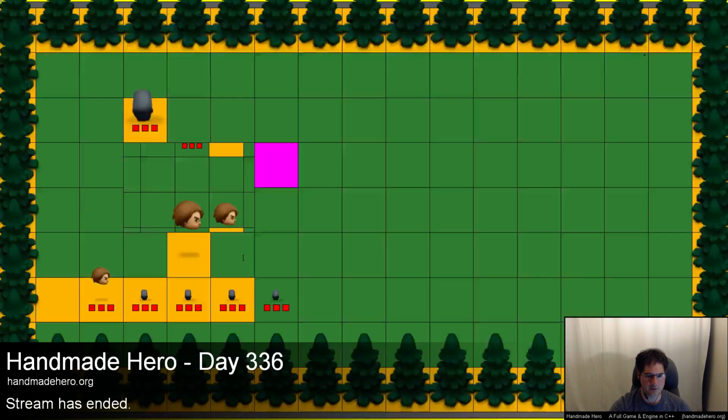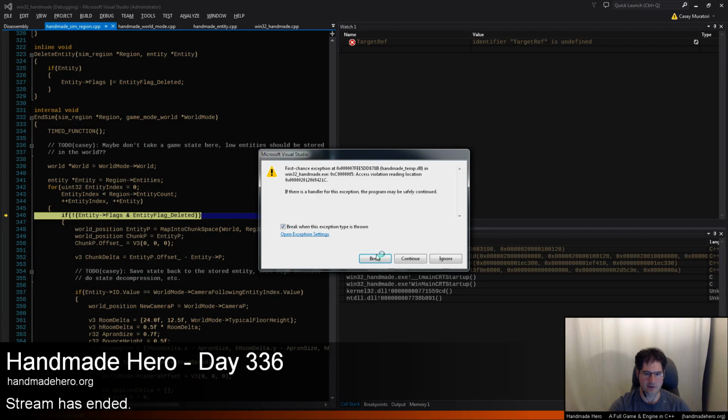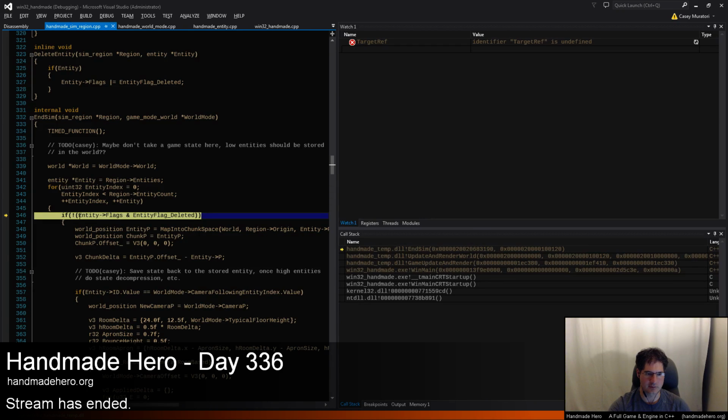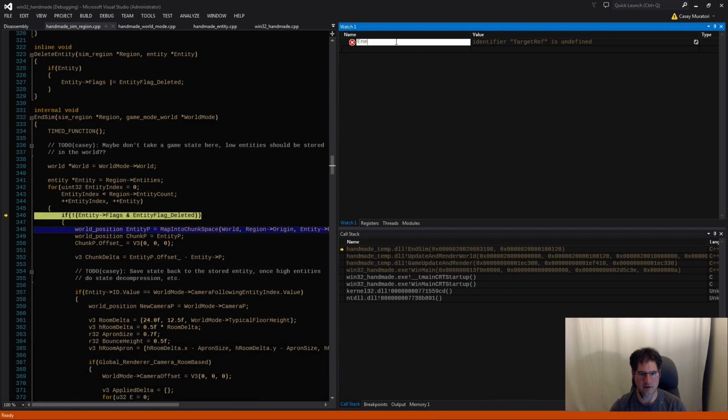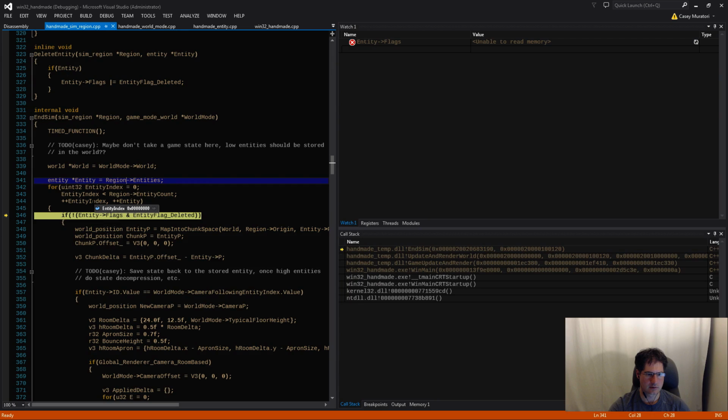Well, so I guess I'm out of time, unfortunately. I would like to debug this because I'm sure this is not something particularly hard to debug, but I guess I'm out of time, so I'm not allowed to debug it. Looks like that's an entity that's been borked.